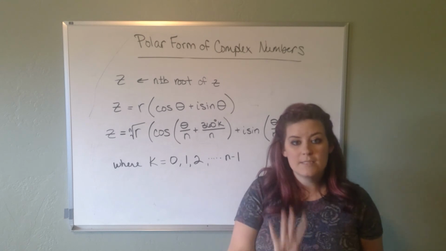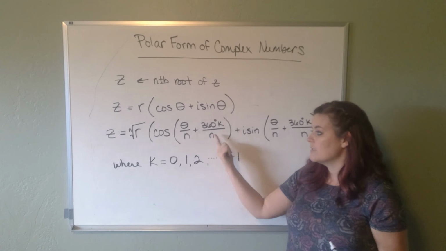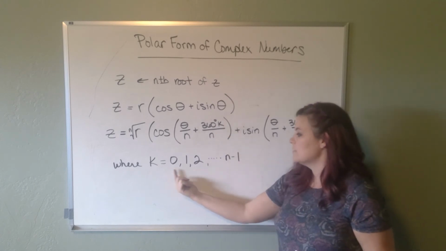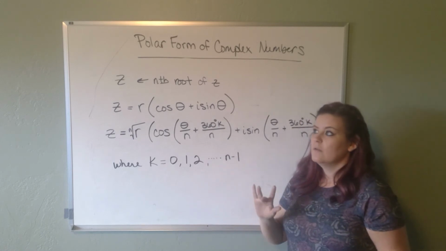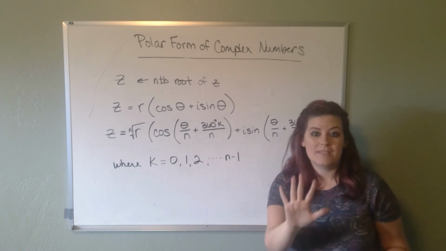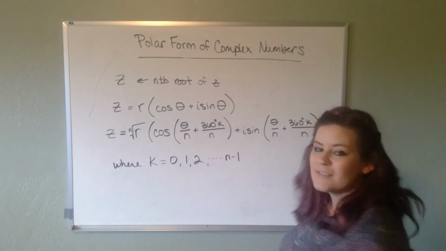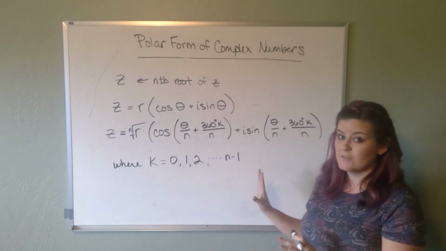And that's where I stop. K only gets as big as n minus 1. Our n was 5, so k goes up to 4, which means I had to do 0, 1, 2, 3, and 4. So I had to do 5 of these just to get the fifth root. So this is not fun. There's nothing fun about this, but we can do it. We're going to do an example.